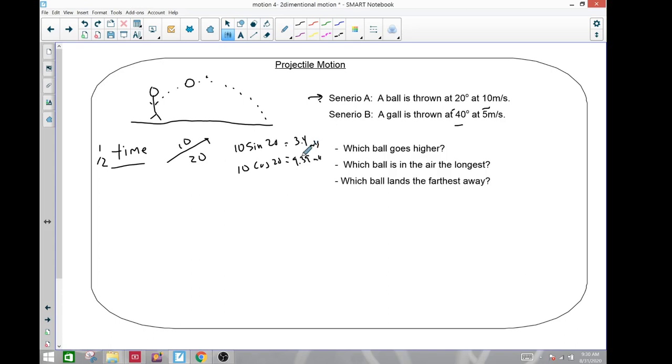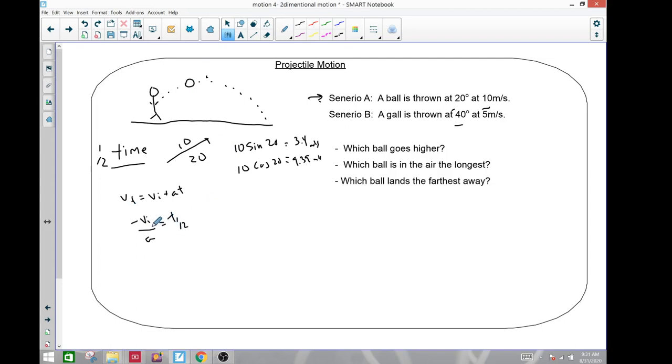Well, what's the time for this? We know v final is 0 at the top, equals v initial plus a t. I want the time for this to be 0, so it's going to be negative v initial divided by a equals my t. This is literally going to give me the time for velocity to get to 0, which is at the top. This is t 1/2.